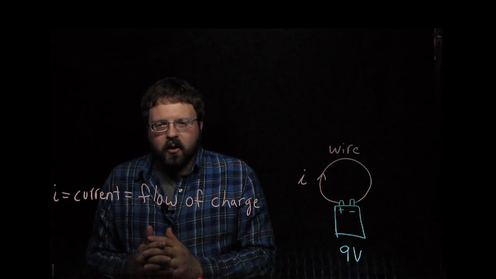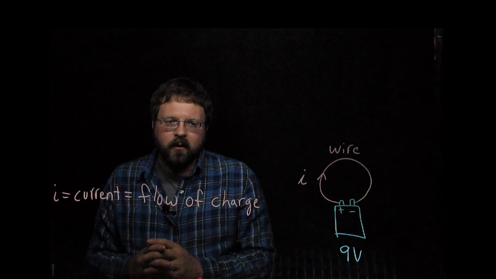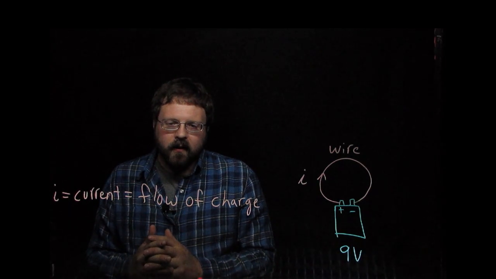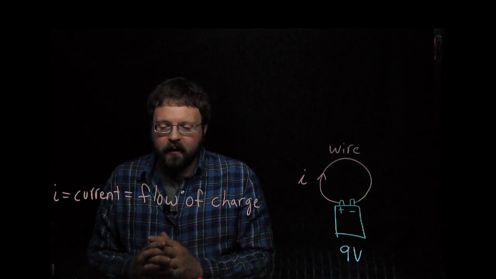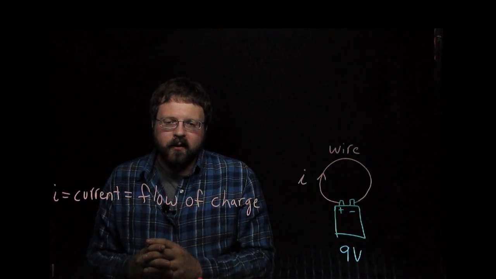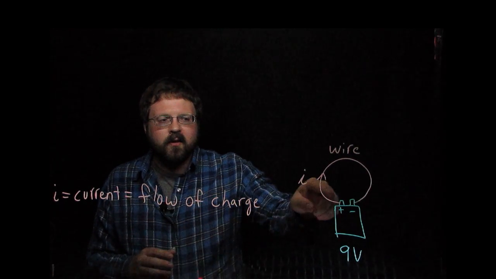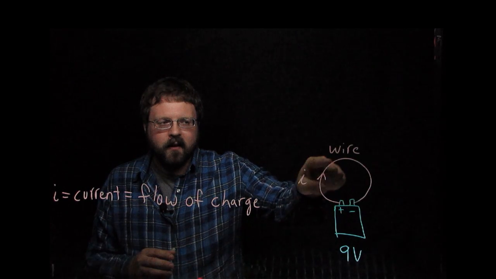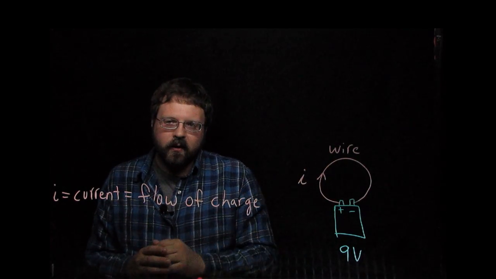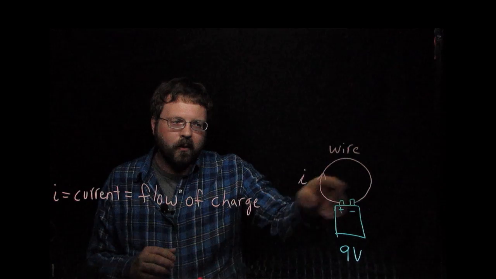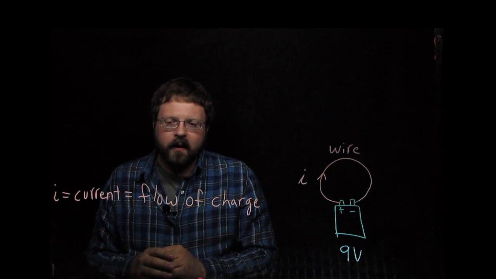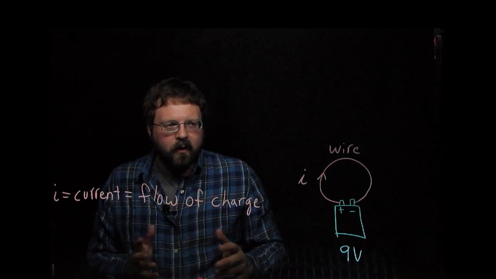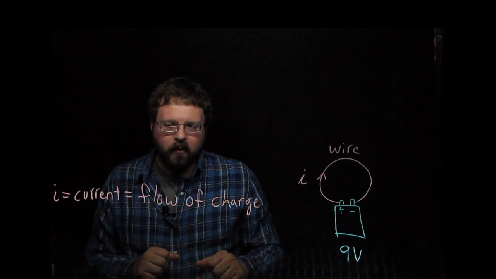Now, the current through this wire doesn't flow completely unimpeded or without any kind of resistance. There's actually some resistance in this wire. The electrons, or the charges, interact with the wire as they move around inside it, and so there is some resistance to that flow.